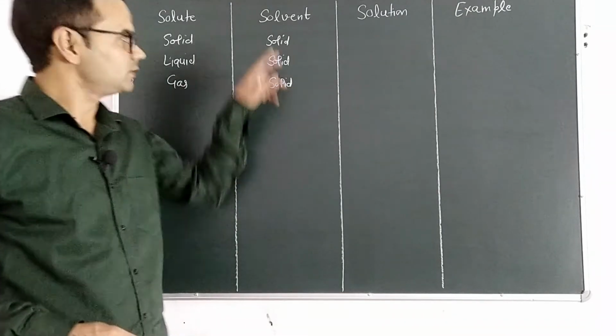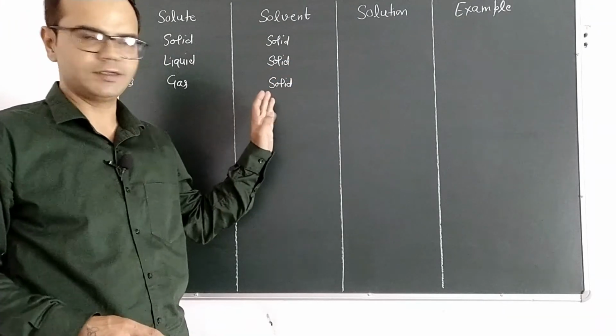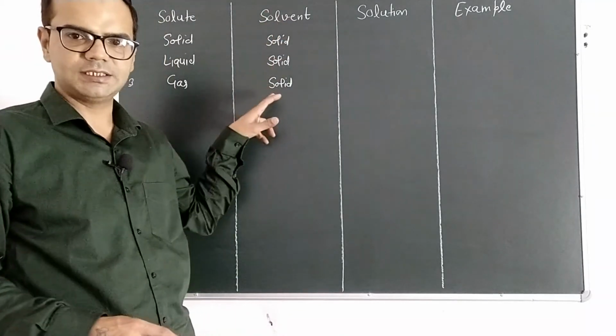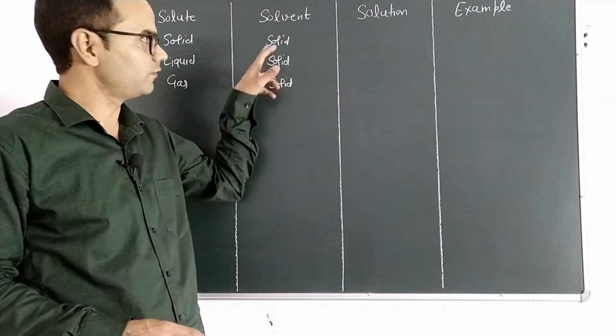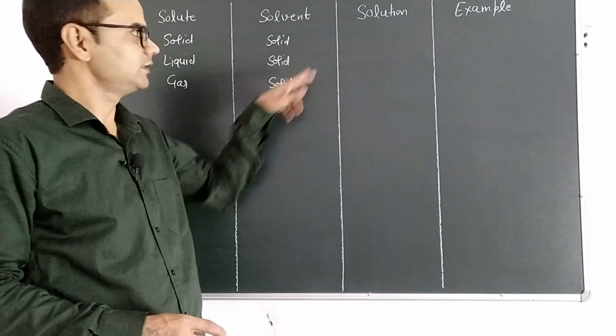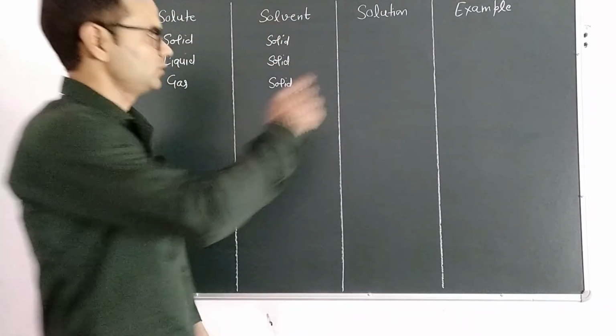Before, we have discussed that solvent is always present in excess. So the physical state of solvent will decide the physical state of a solution. If solvent is present in excess, then definitely the physical state of solvent will be the physical state of a solution also. So we will get 3 solid solutions if solvent is a solid.